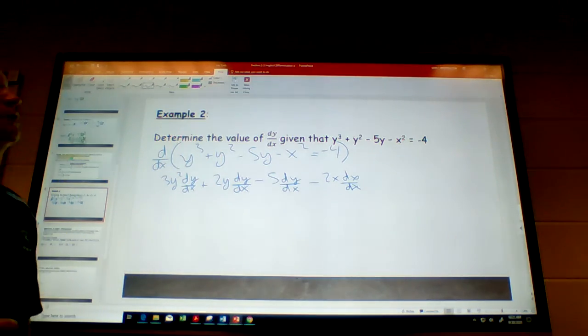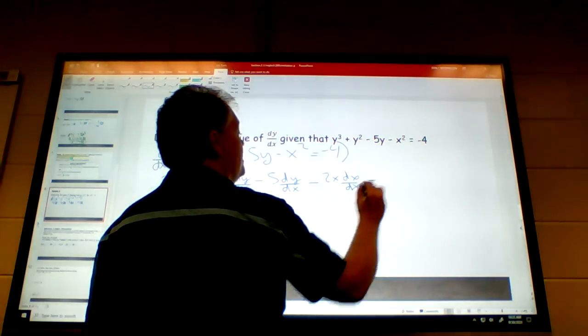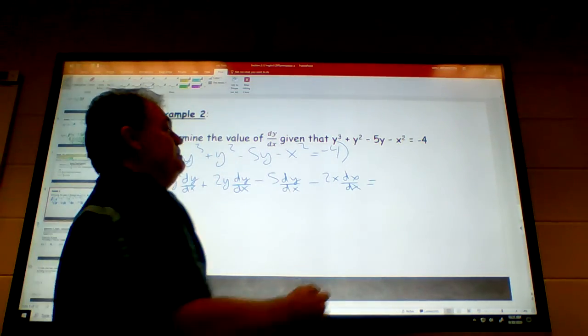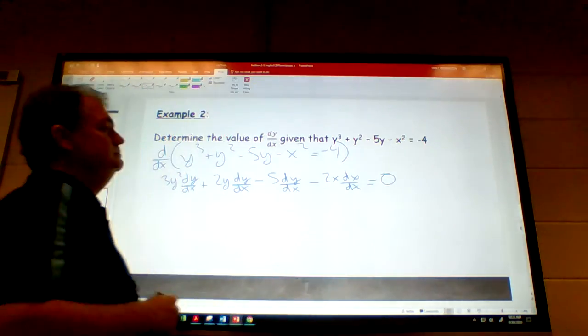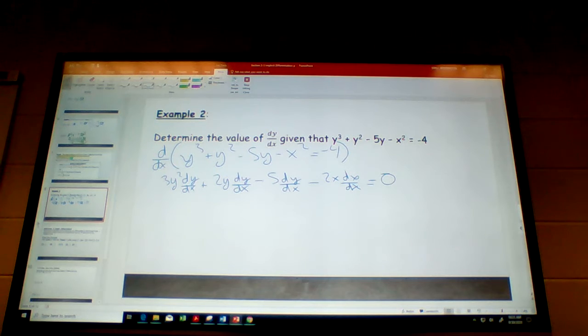Well, the derivative of negative 4, remember, it's a constant, is 0. So I have all of those.